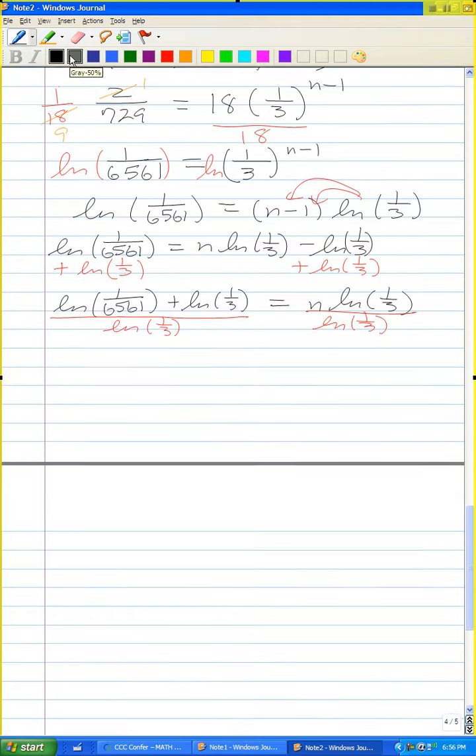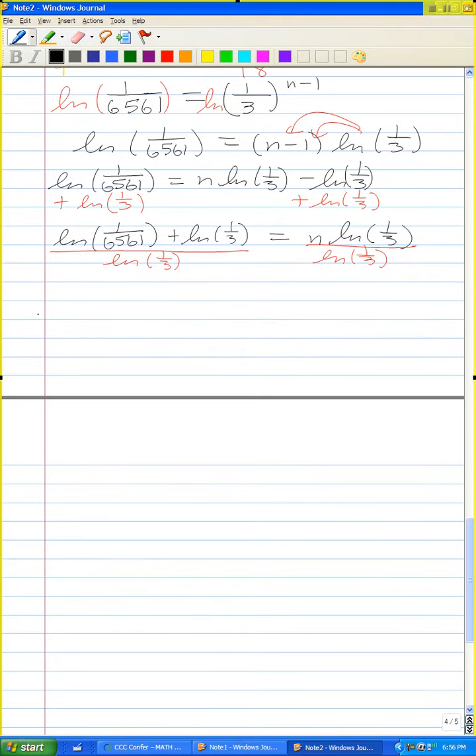And so I get n is equal to ln 1 over 6561 plus ln 1 over 3 divided by ln 1 over 3. Plug that into your calculator. I think you get 9.